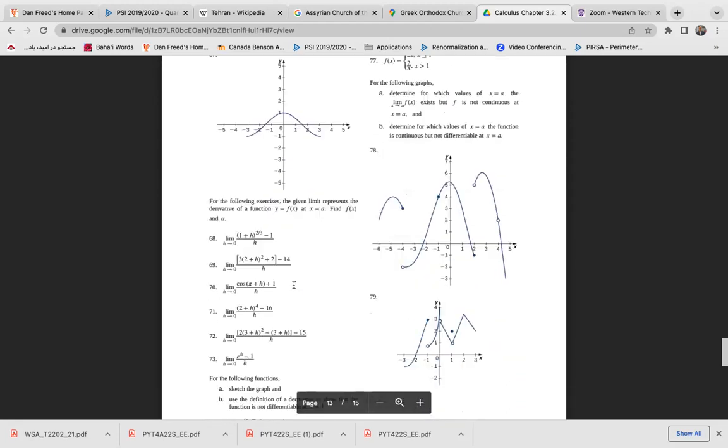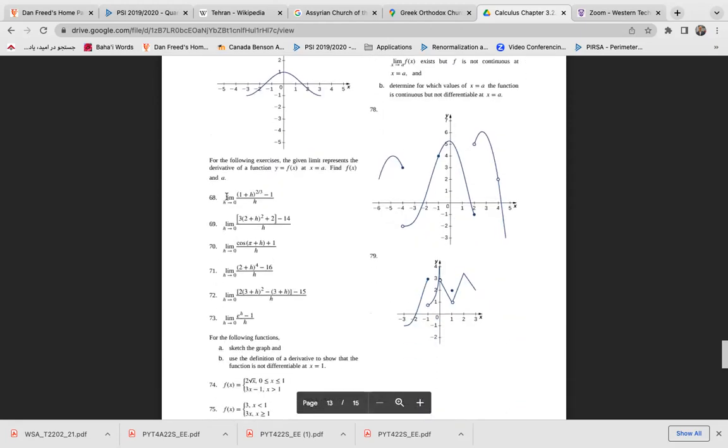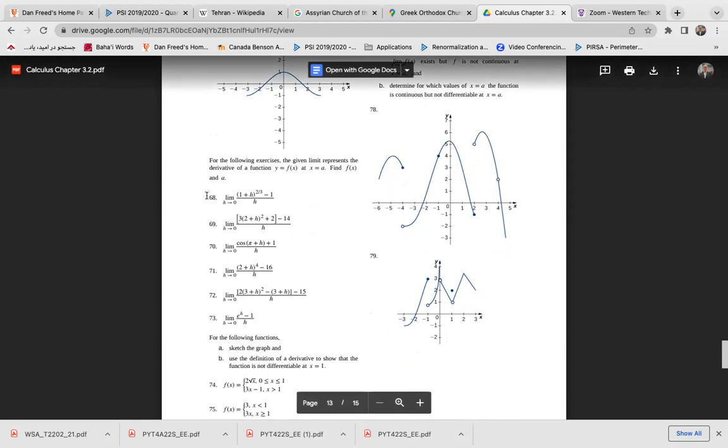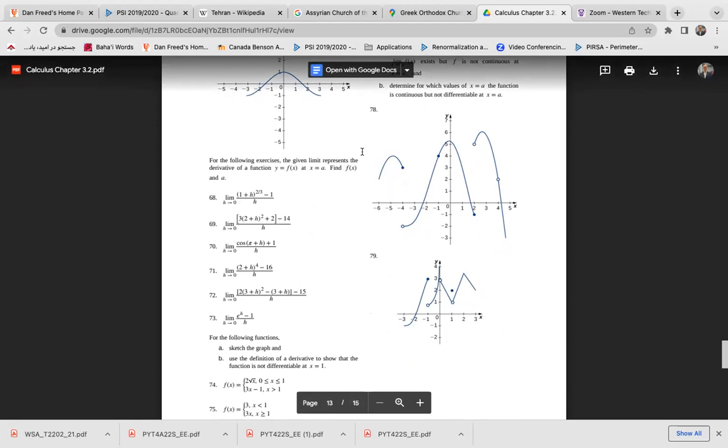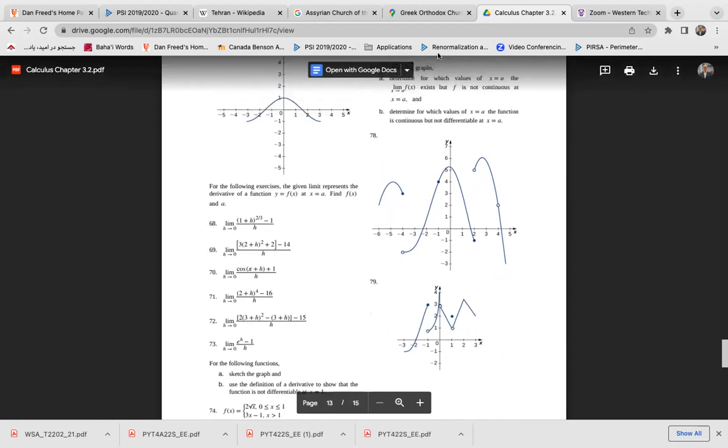And also on the next page, do 68, 70, 71, and 73. So 68, 70, 71, and 73. Try to do this, and I'm here. If you have any questions, you can ask me, okay?